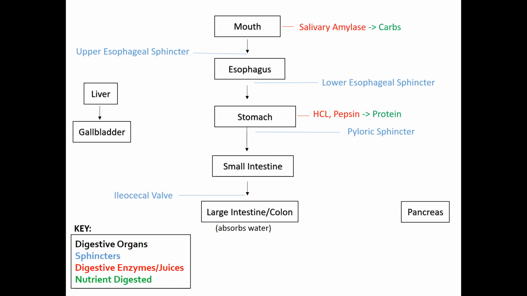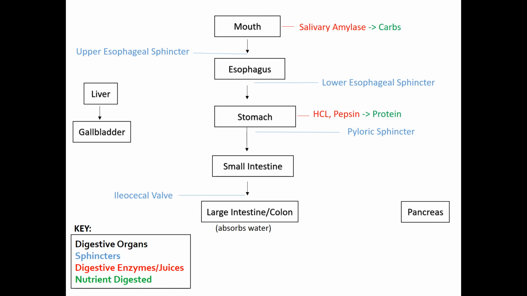So basically when we reach the stomach, the acid is going to deactivate, or what we call denature, the enzyme salivary amylase, and carbohydrates are going to have to take a pause. They're not going to be able to be digested. So that's the first thing that's happening, is taking a pause of our carbohydrate digestion.